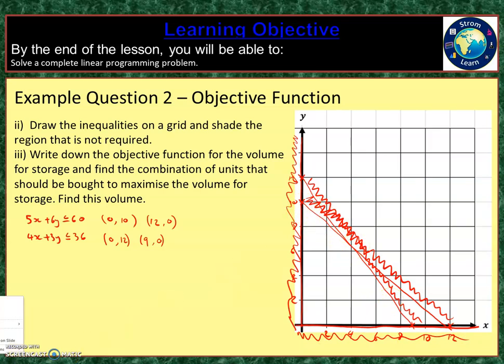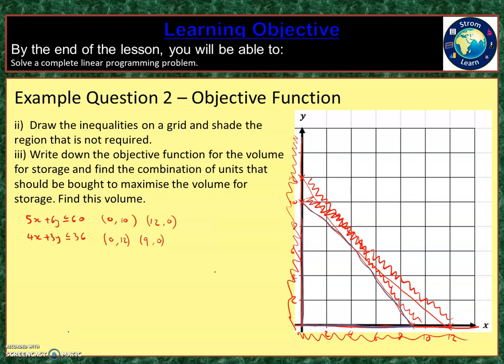I'm just going to draw around it in a different colour to help make sense of the region we've got. So we have a quadrilateral here. And based on the information we have so far, everything inside meets those conditions. So there's going to be enough floor space and it's going to be within budget.